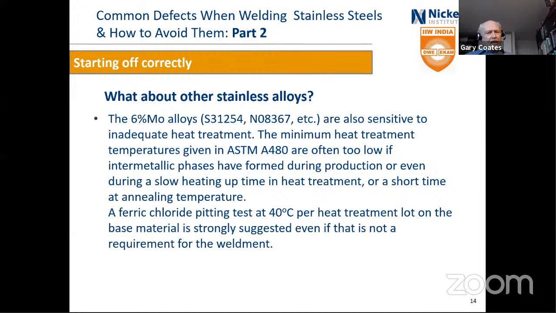So typically, I would strongly suggest that whenever you order 6 Moly stainless steels, you include a ferric chloride pitting test at 40 degrees C per heat treatment lot, because you can do 9 out of 10 heat treatments correct, and if one goes wrong, that's where the failure is going to occur in whatever you're building.